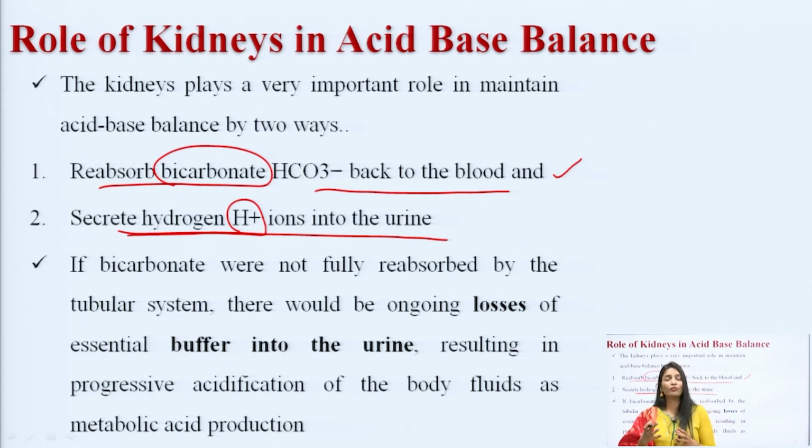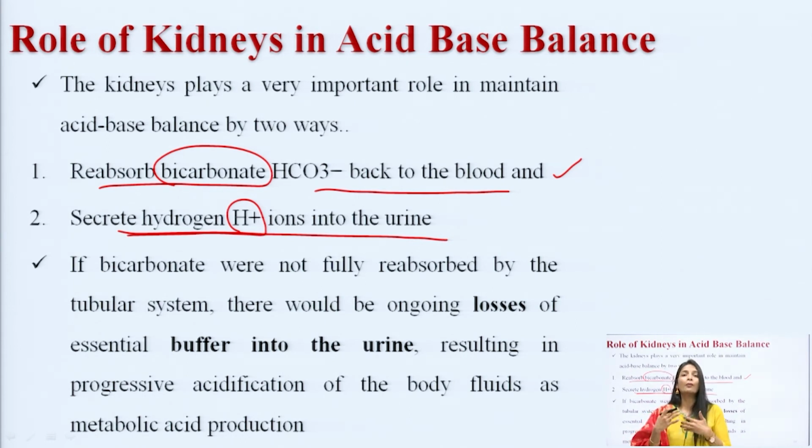So what is the necessity here? Why does the kidney have to maintain the acid-base balance? If it is not able to maintain it, then what is going to happen? Acidosis or alkalosis. These are the two things you will see in the body, right. If the bicarbonates are not properly reabsorbed into the body, you can see acidosis, and vice versa.